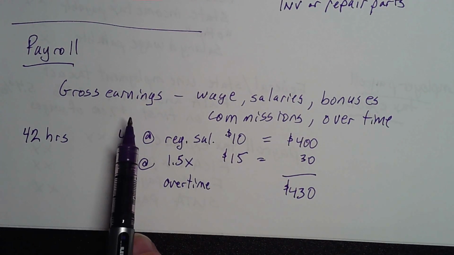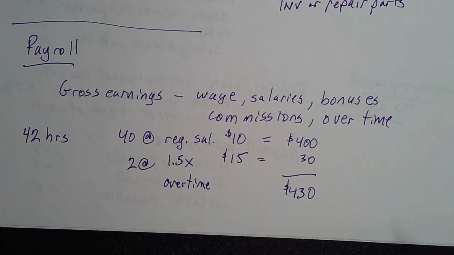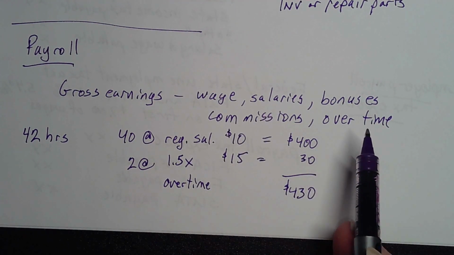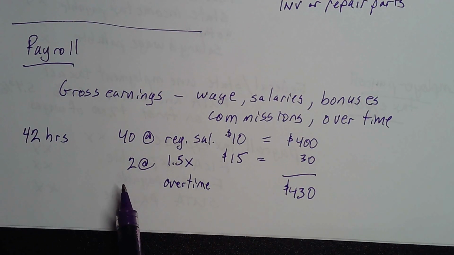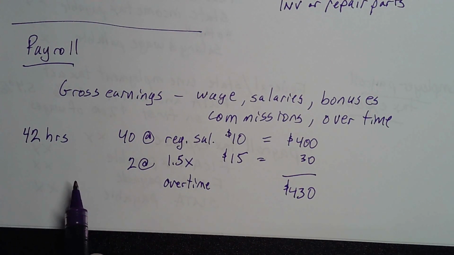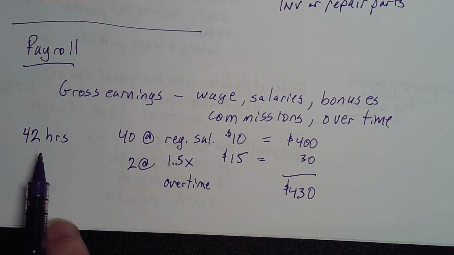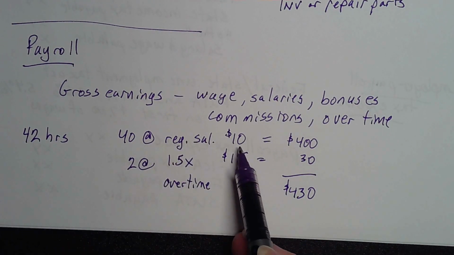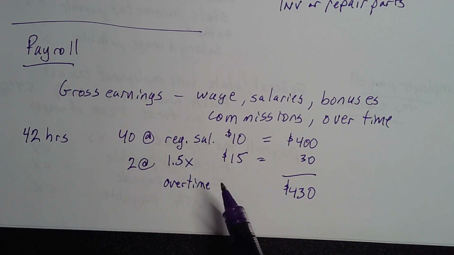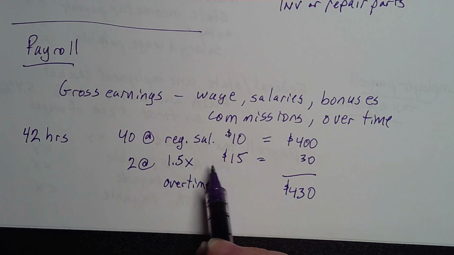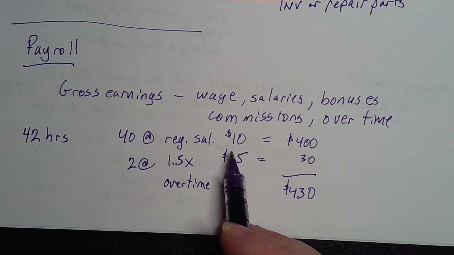An employee's gross earnings are their wages, salaries, bonuses, commissions, and overtime. So we might look at a question in the homework or in the quiz or the exam to where, let's say someone worked 42 hours, overtime, their regular salary is $10. I'm just choosing numbers that are easy to work with. Hopefully we're getting better salaries than this.